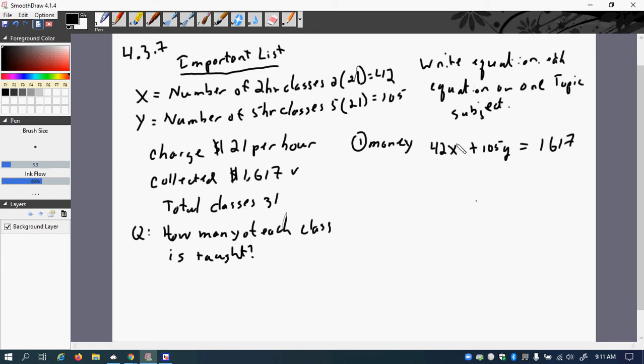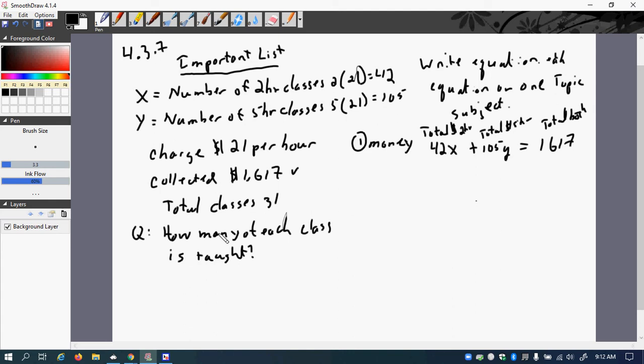If you notice, this equation is just all about money. Every term is money, money, money. This one is the total money for the 2-hour classes, this one is total money for the 5-hour classes, and this is the total for both.